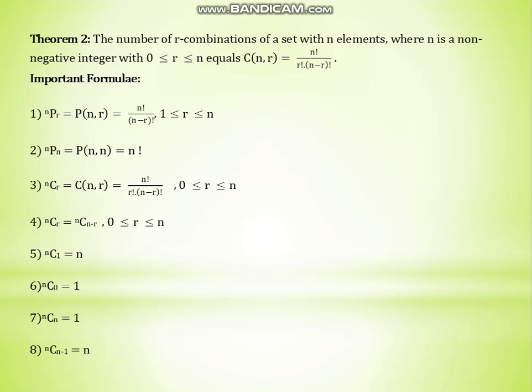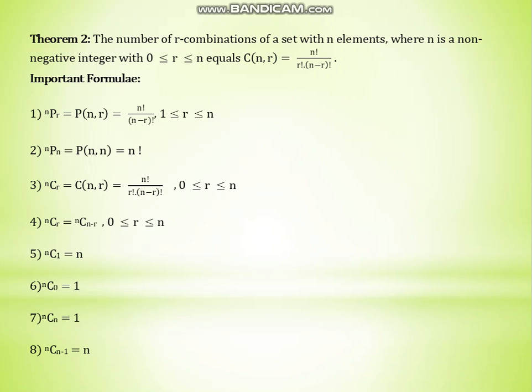Out of 10, if you want 7, then 10 minus 7, that means you have to reject 3 students. So nCr is always equal to nC(n minus r). Choosing is one thing and rejection is another, but we are doing the same thing there. nCr is equal to nC(n minus r).